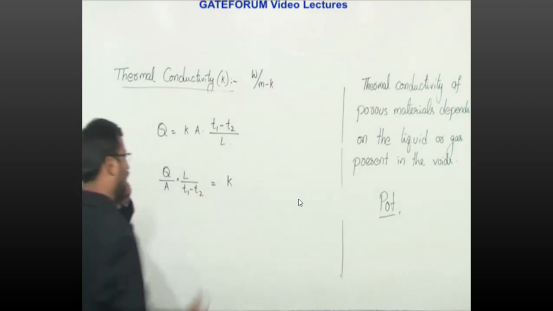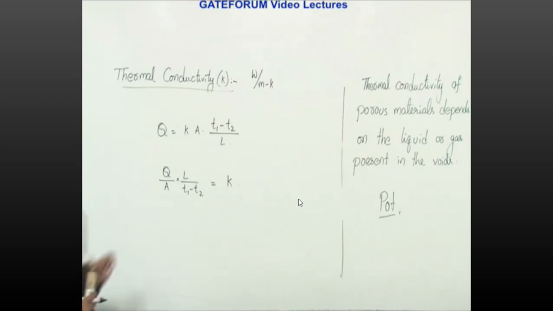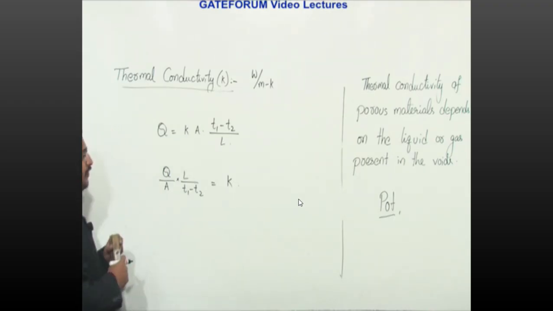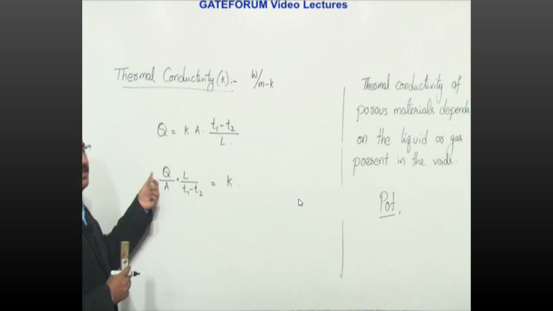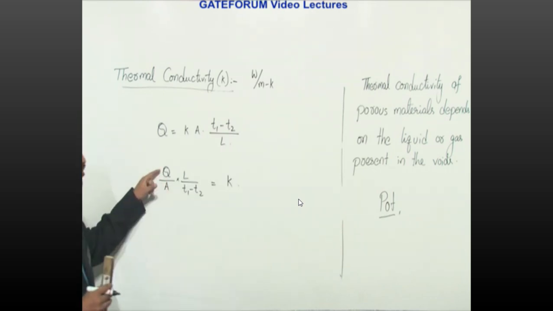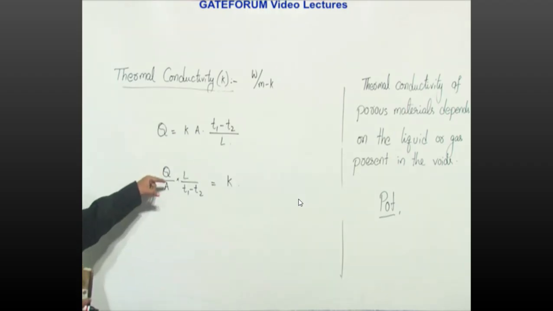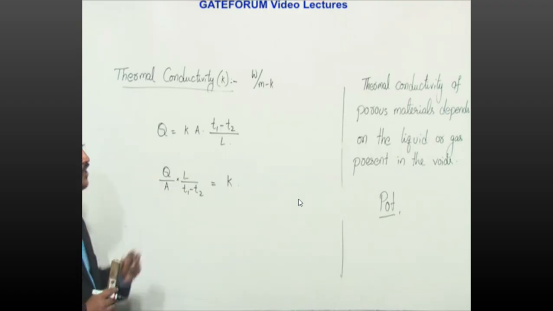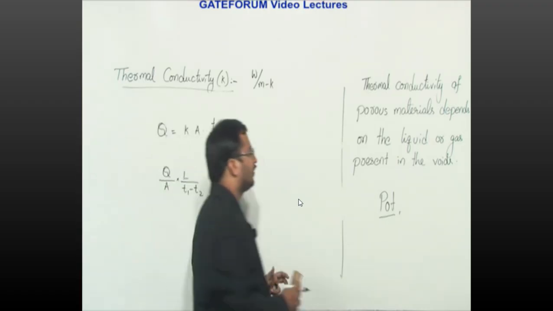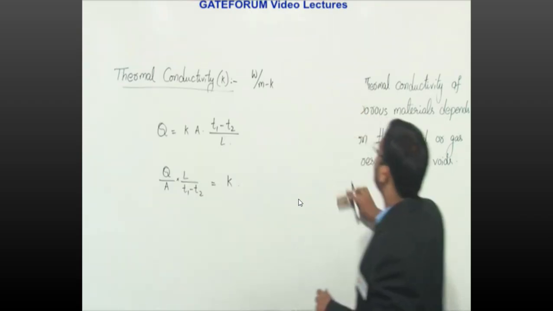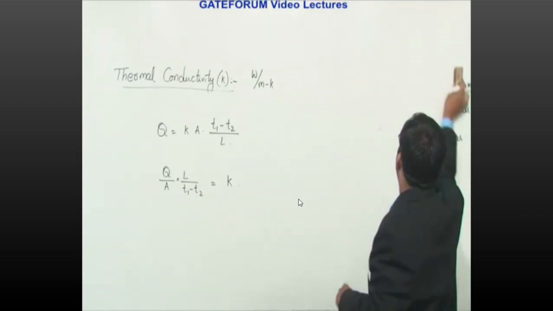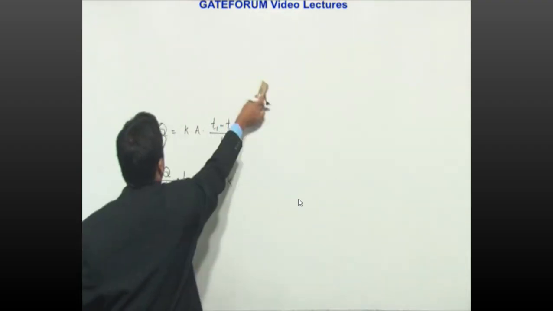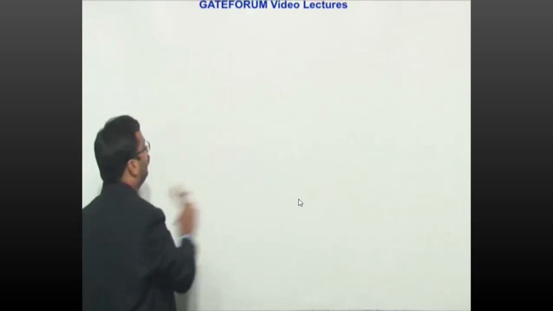So thermal conductivity is defined as the ratio of heat transfer to the area and the temperature difference. Remember that thermal conductivity is a material property and it always varies with respect to temperature according to K equal to K naught into 1 plus beta T.